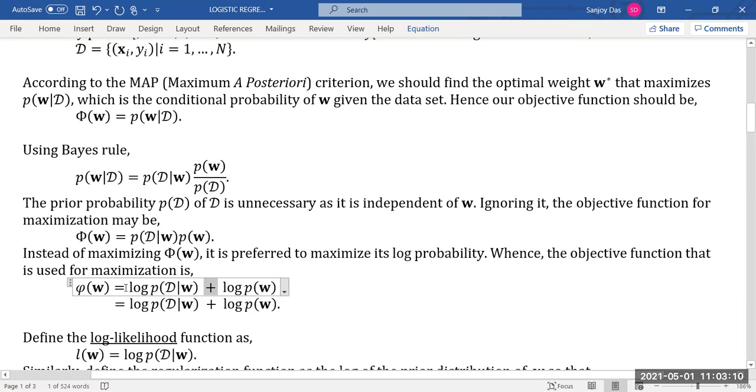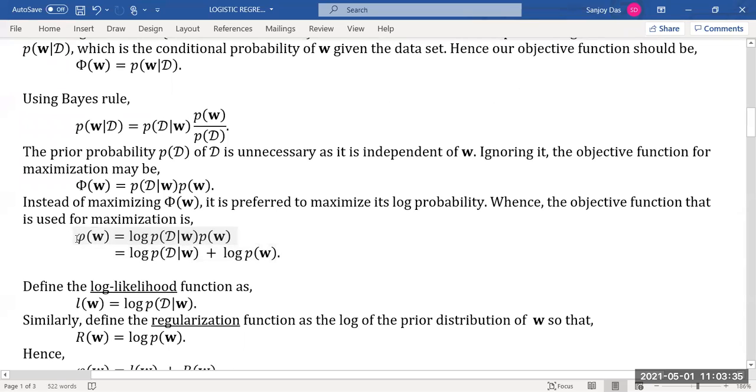So it is the log of the product, which is equal to log P of D given W plus log P of W. Are you guys with me?